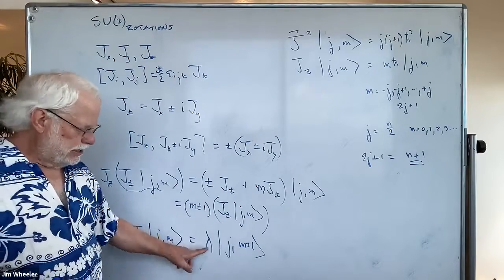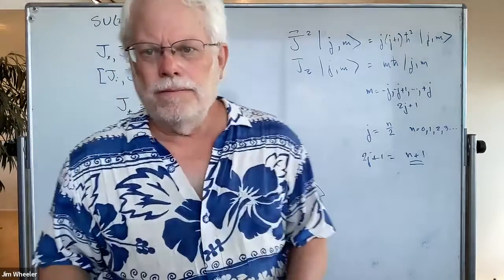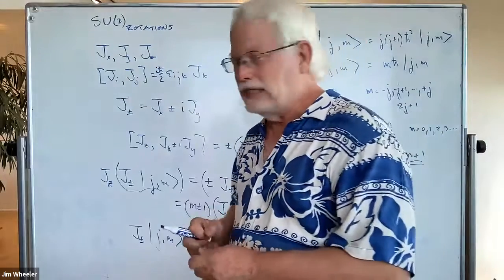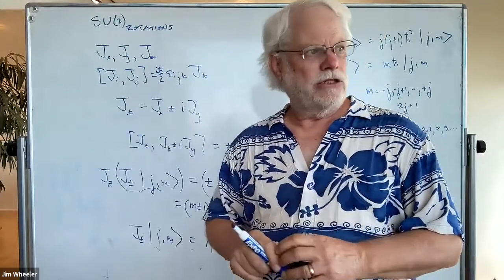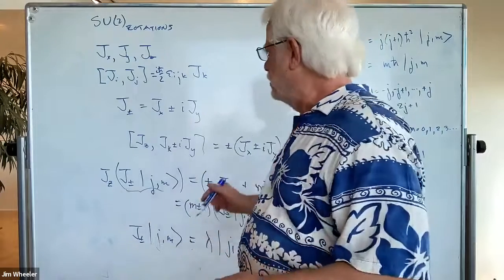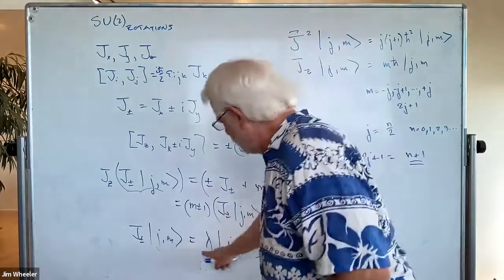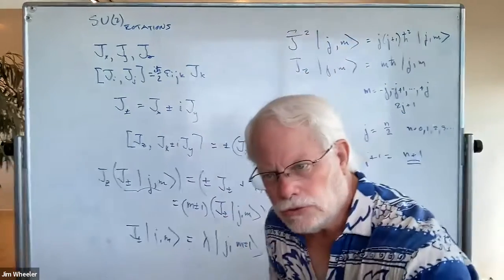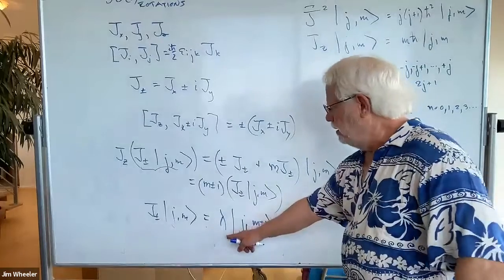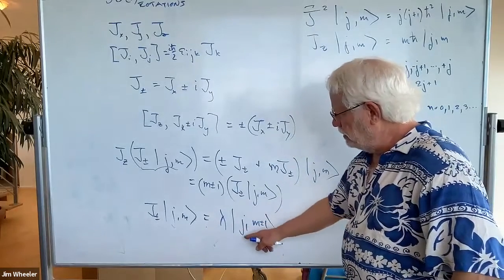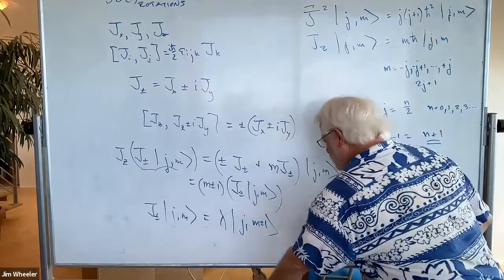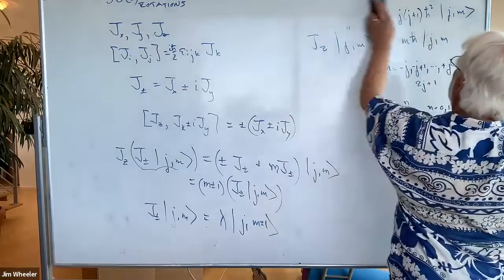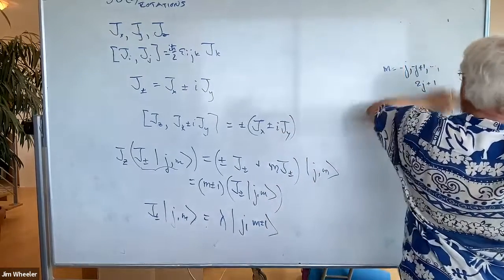Okay, now these coefficients are the things that end up giving us Clebsch-Gordan coefficients, and finding their values depends on normalizing the state. So we know that this has to be proportional to the Jm plus 1, but we want the Jm states to be normalized to 1. And so to do that, you take the conjugate.